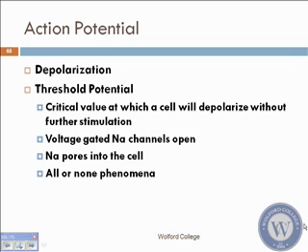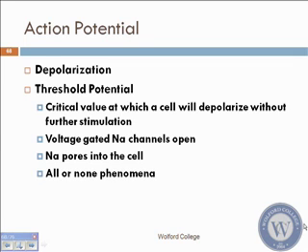Once the threshold hits, okay, it's an all or none phenomenon. So once you hit it, it's going to go. Okay? If you don't hit it, nothing happens. But once you hit it, you're going to get full effect. Okay? What's going to happen is once you hit the critical value, when we're talking about skeletal muscle and cardiac muscle, we're not talking about pacemaker cells, we're just talking about cardiac muscle or skeletal muscle, you get what's called a fast-acting sodium channel will open.